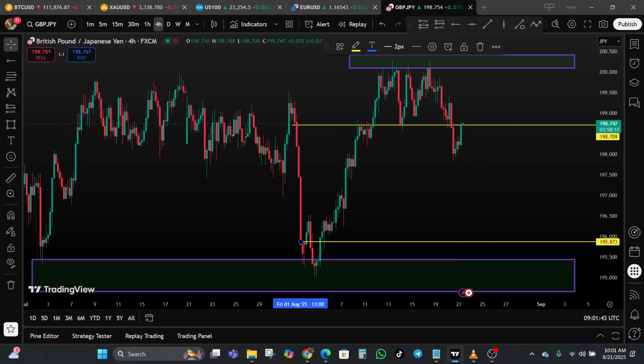The third component is the market structure shift. This is when price action signals that control is changing from buyers to sellers or from sellers to buyers.